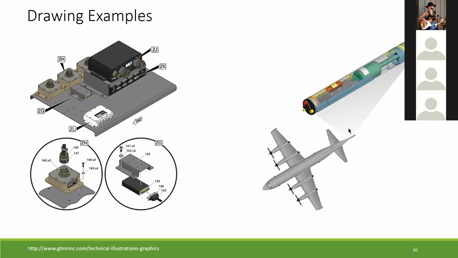On the right, again, a different way to project out different parts. It's basically an antenna that's on part of the plane, so it's showing a detailed view of what that actually looks like. Again, it's done in isometric. You can see how the angles are the same on both the one on the left and the one on the right.